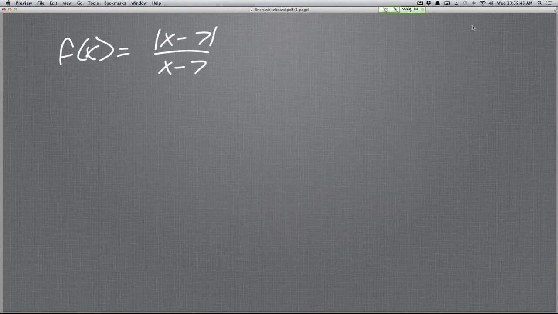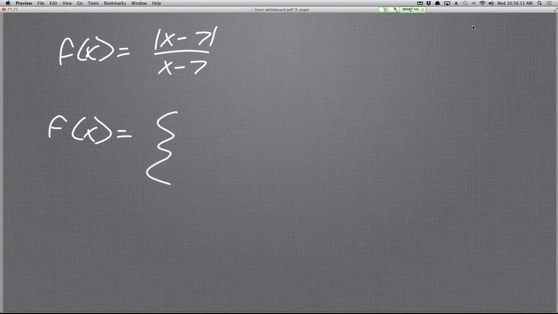Now, anytime we see an absolute value in calculus, we want to change it into a piecewise function. Not difficult. I learned an easy method over the summer on how to change absolute values into piecewise.